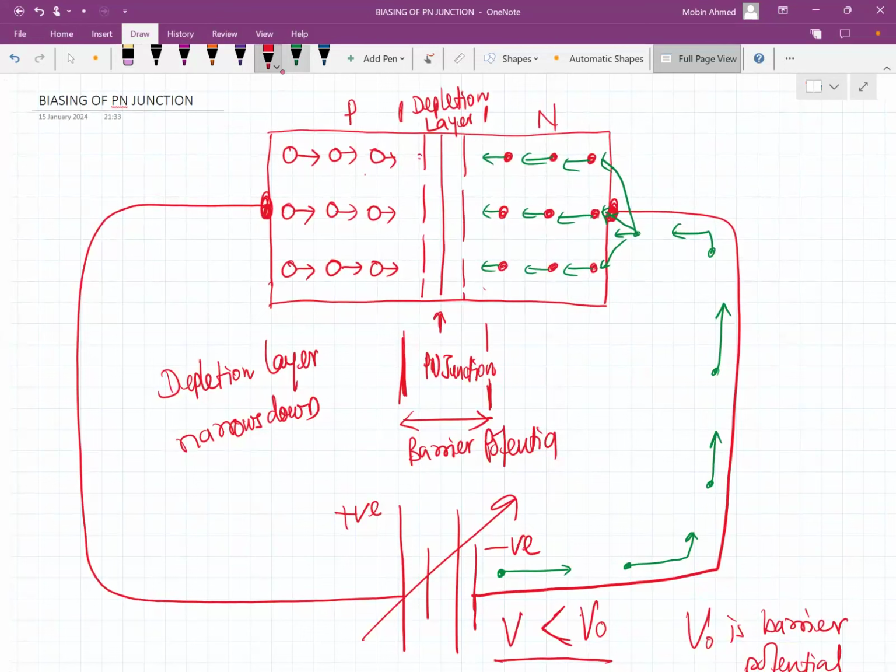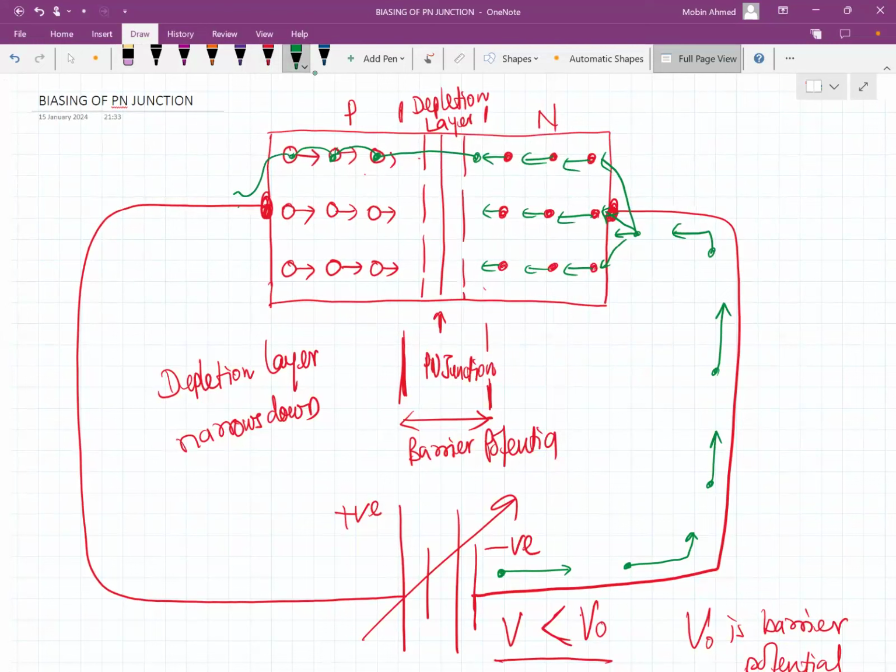And these electrons will be able to cross. It will come here to these electrons. Then this is going to move here, and this is going to move here. Again, this is going to move here.